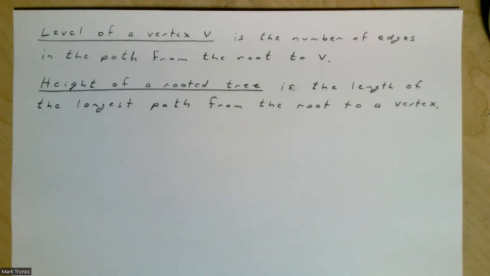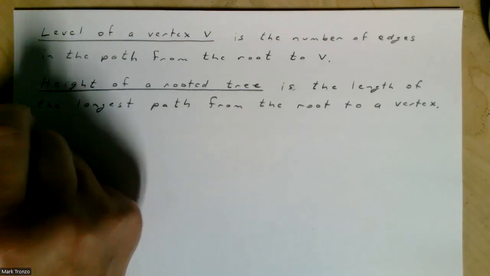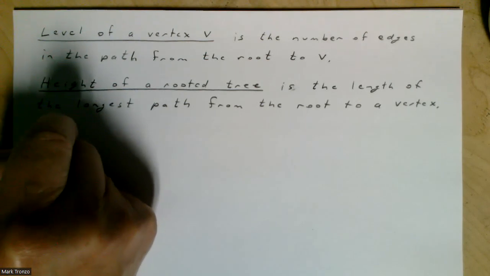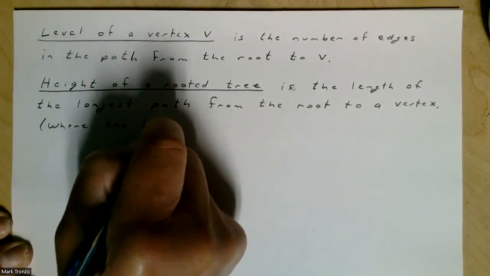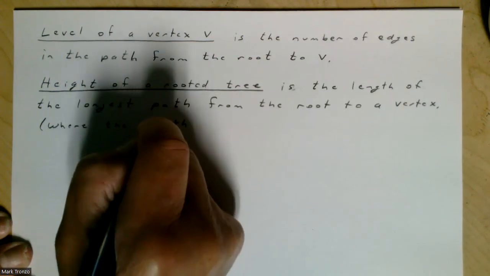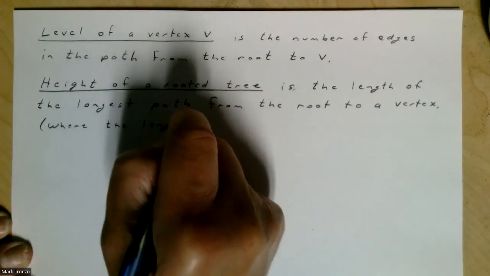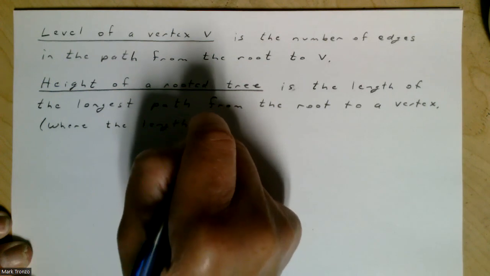So again, look at the root and see which vertex is the farthest away, and see how many edges it takes to get there. And that's called the height of the tree. Once again, the length is measured in the number of edges.